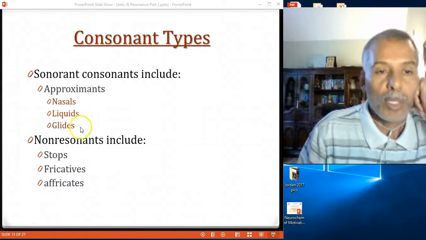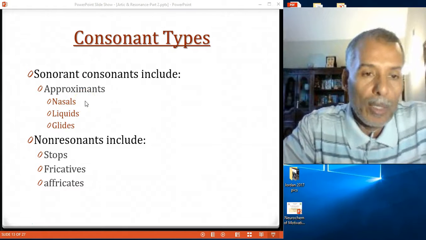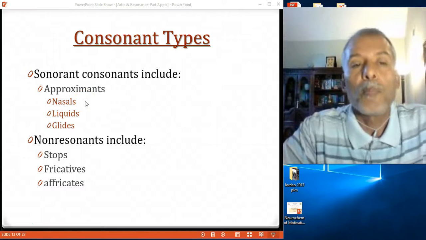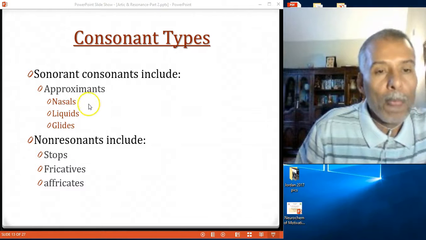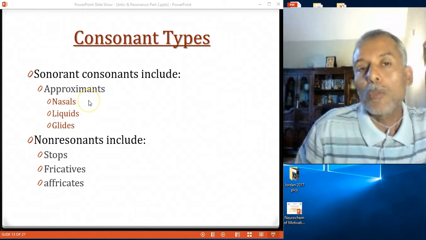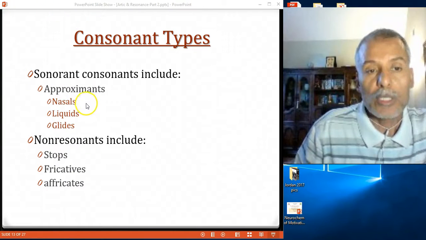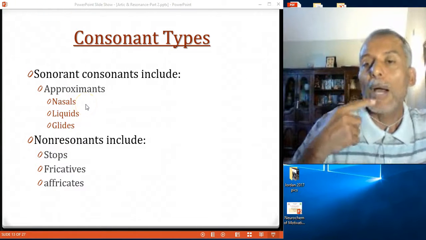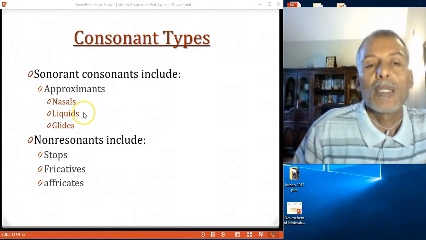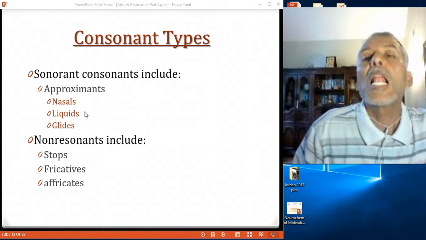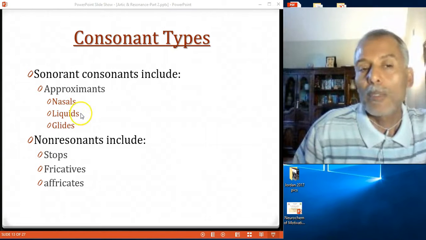We looked at each one in class, but I'll give you an example and describe some of them here. So, you say m, is it voiced or voiceless? Let's say voiced, all of them are voiced. Voiced, bilabial, nasal. L is voiced, and then alveolar, and then liquid.